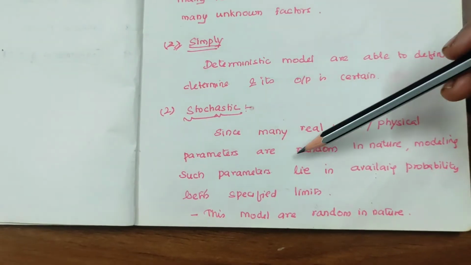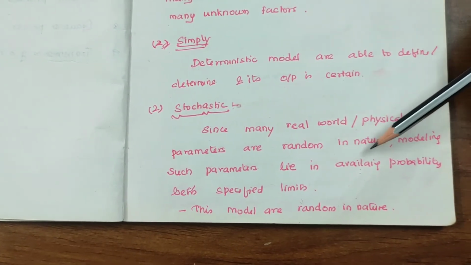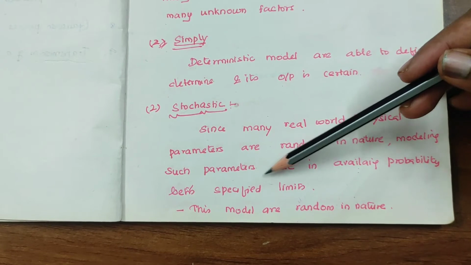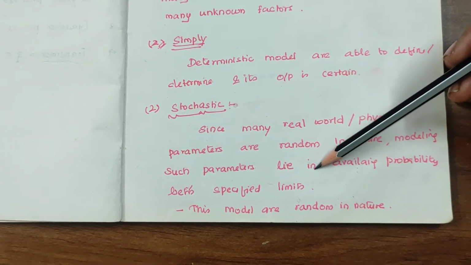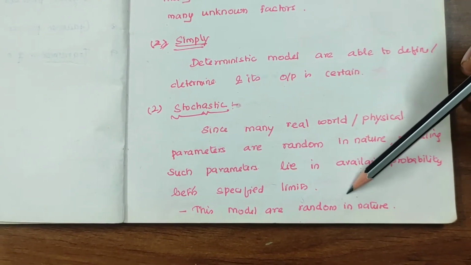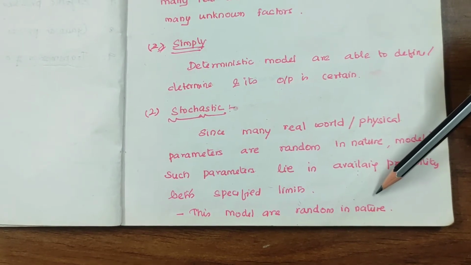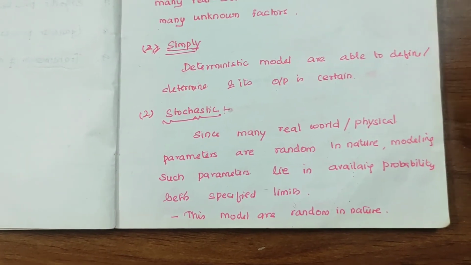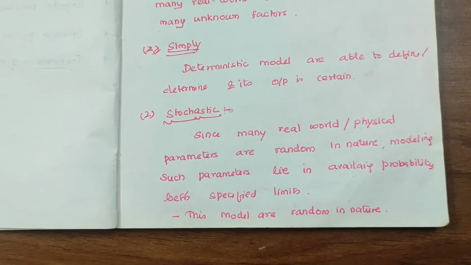Modeling such parameters lies in assigning probability between specified limits. This type of model is random in nature, hence it is called a stochastic model.